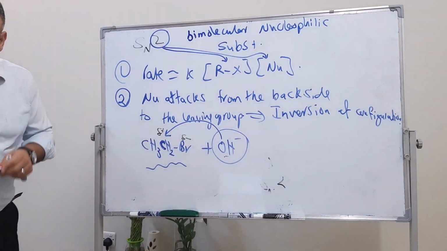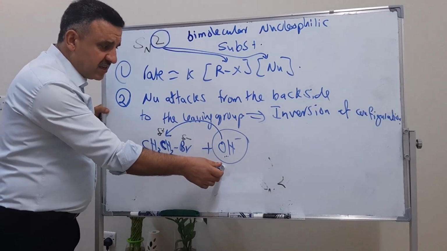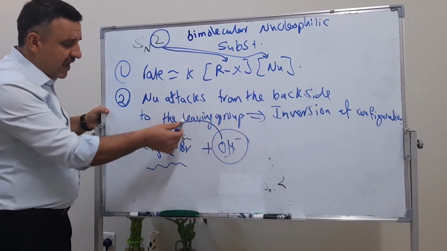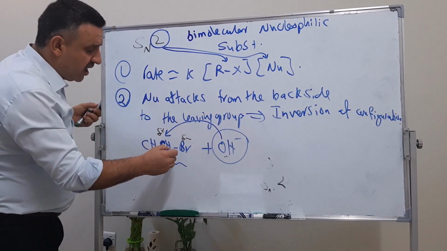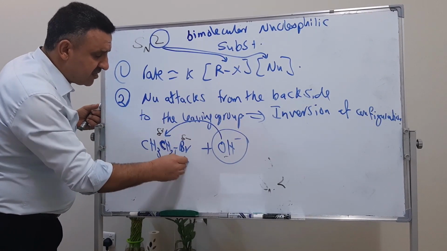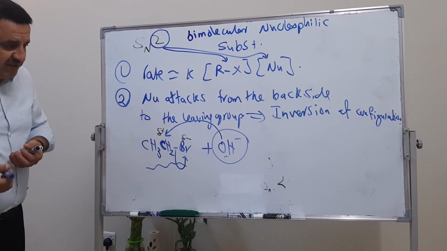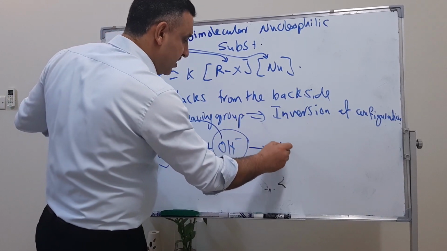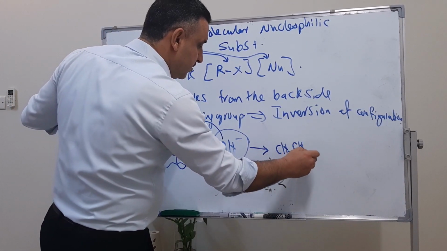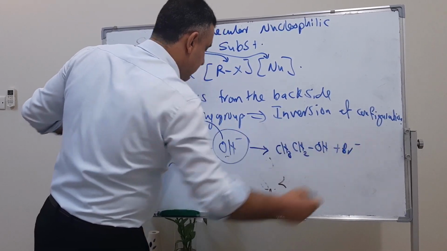So it's a very simple reason: the nucleophile is always negative. Therefore, the nucleophile will always attack this carbon, and the halogen will leave with the electrons, and therefore we have a nucleophilic substitution reaction. Of course, we will get CH3CH2OH plus Br minus.